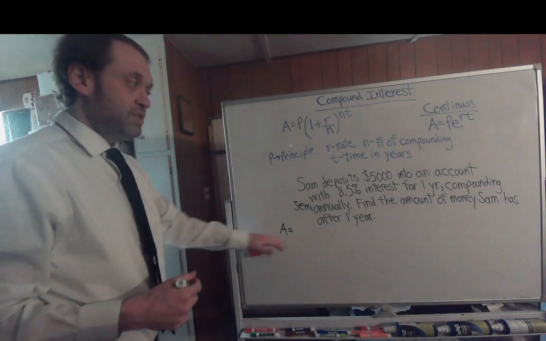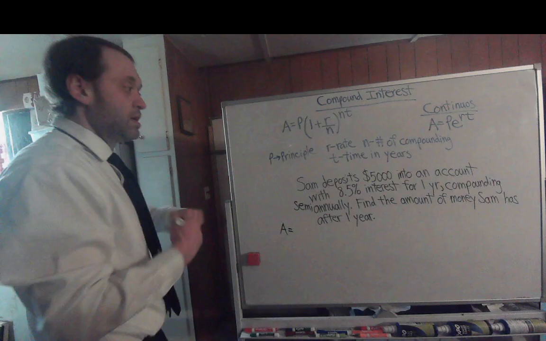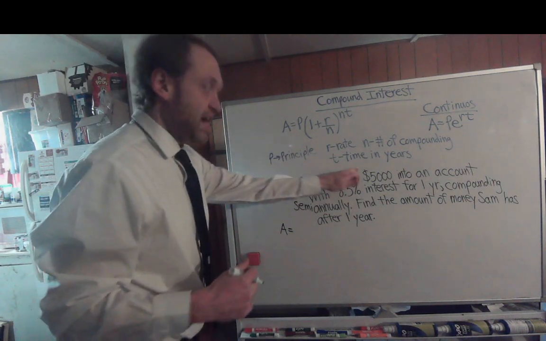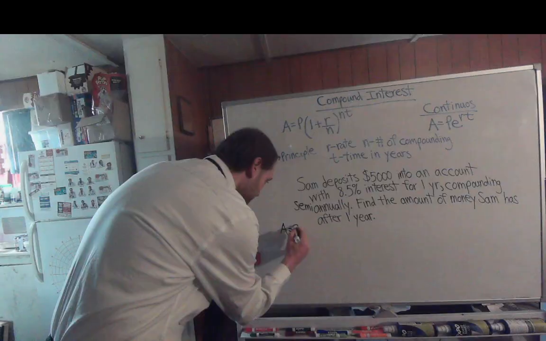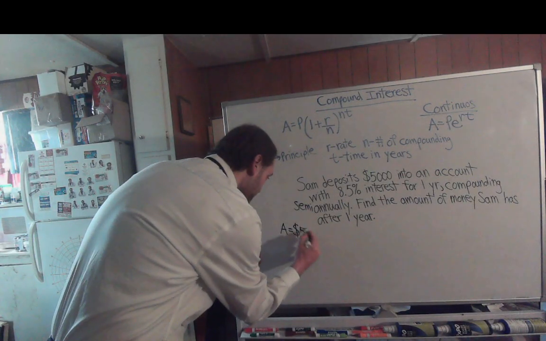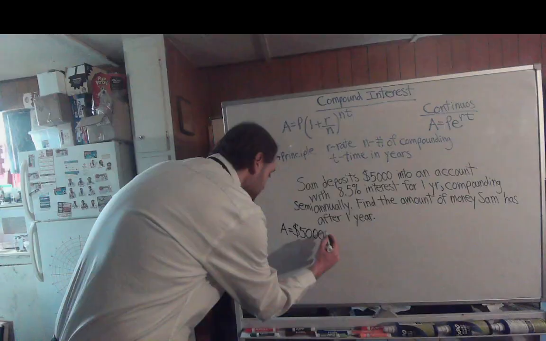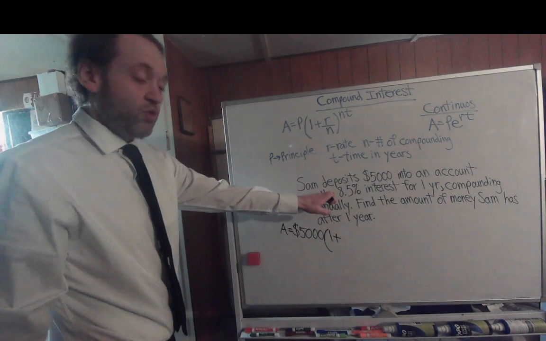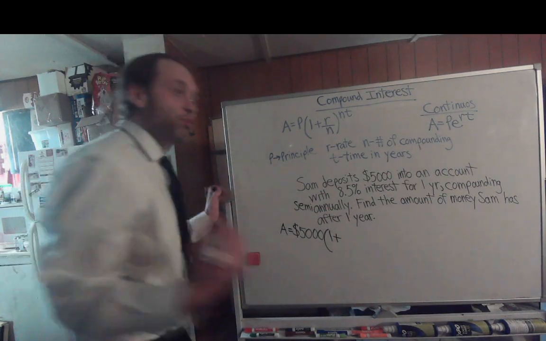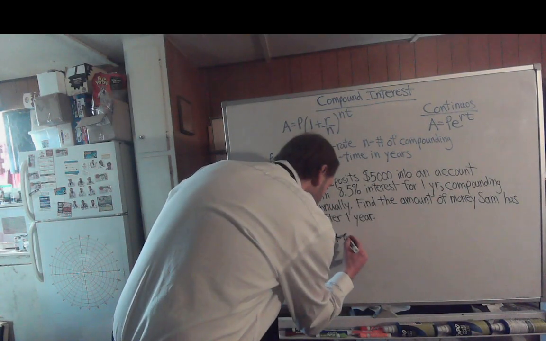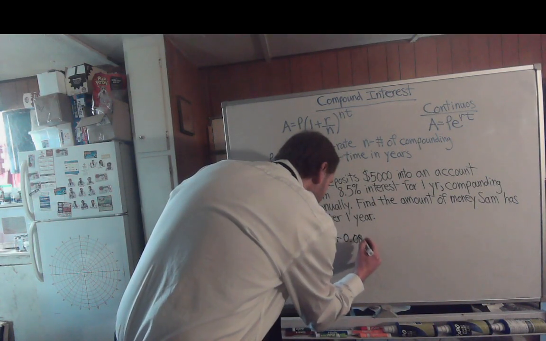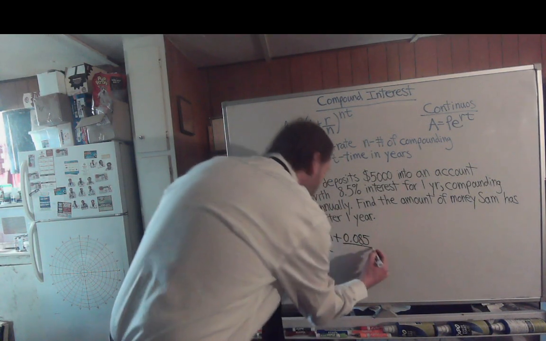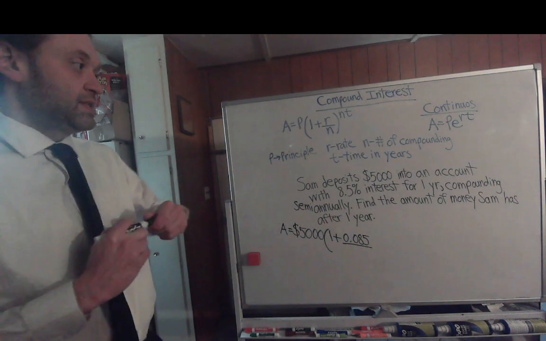So the amount he's going to have after 1 year, of course the principal is $5,000. He's depositing $5,000, right? Times that quantity of 1 plus the rate of 8.5%, which is 0.085 as a decimal. Now, what are the number of compoundings?